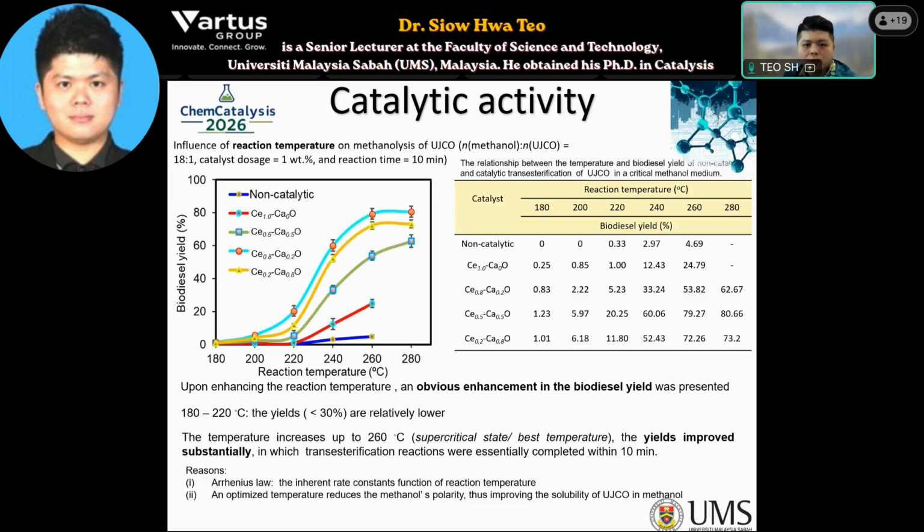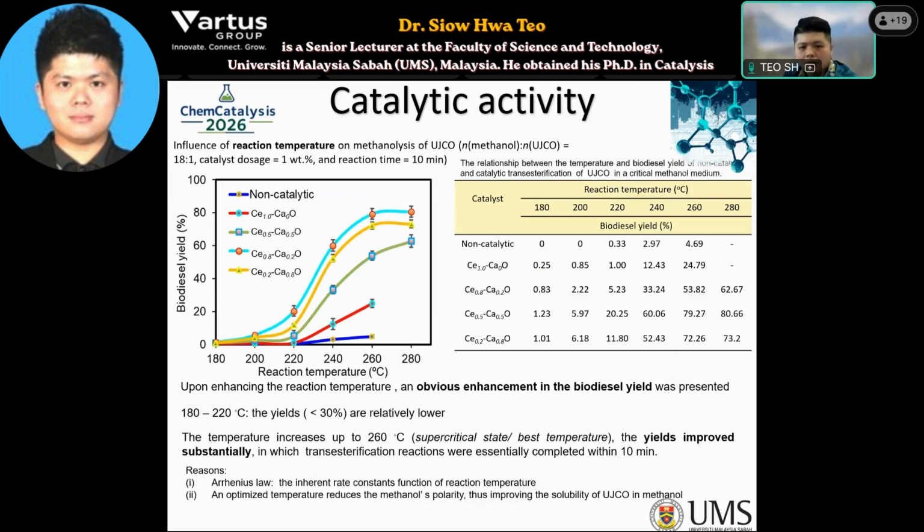When the temperature was increased, the biodiesel yield improved substantially. The highest biodiesel yield, approximately 79%, was achieved at 260 Celsius using the mixed metal oxide, indicating that this temperature provides the optimum reaction condition.